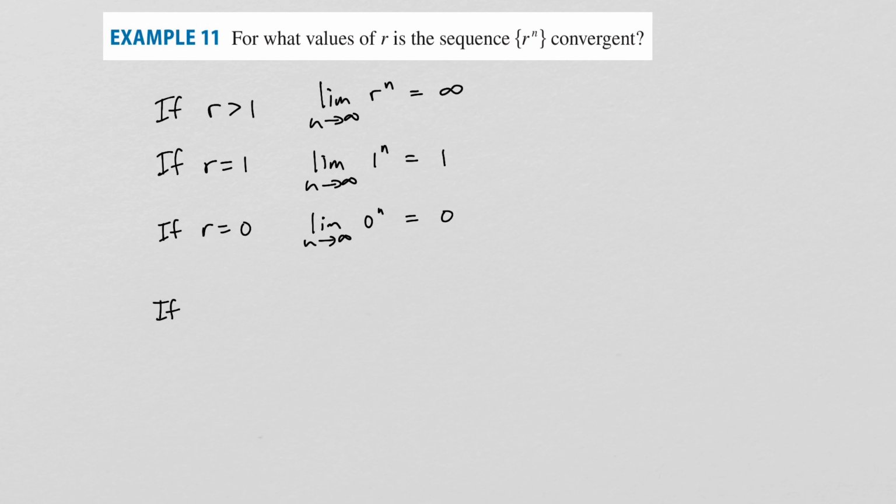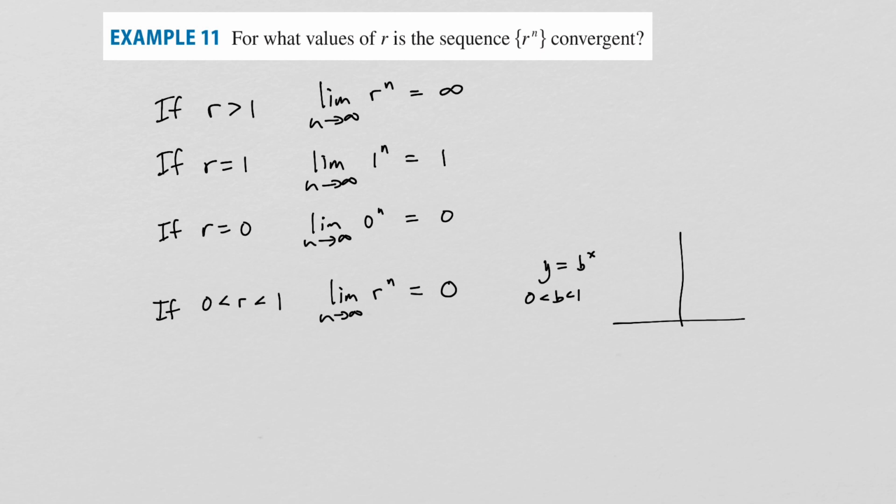And then what if r is a number in between 0 and 1? What is the limit as n goes to infinity of a number between 0 and 1 raised to the n power? Well, this limit is 0 as well. Now, the way I can describe this to you is just think of the function y equals b to the x, an exponential function, where the base b is a number between 0 and 1.